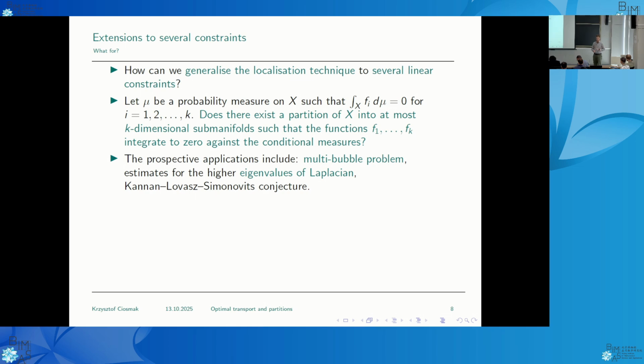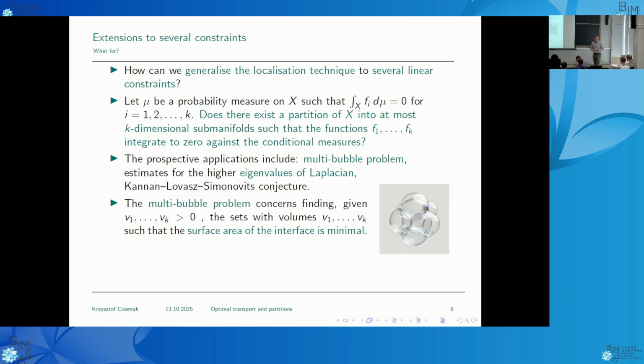So using this, I hope to obtain some bounds for higher order eigenvalues of the Laplacian. And also there is a famous conjecture of Cannon, Lovász, and Simonovits, which basically tells that if you have a convex set and we look at the so-called Cheeger constant, which is basically the isoperimetric constant, then it can be bounded by a universal constant independent of dimension times the Cheeger constant, but only calculated for half spaces.